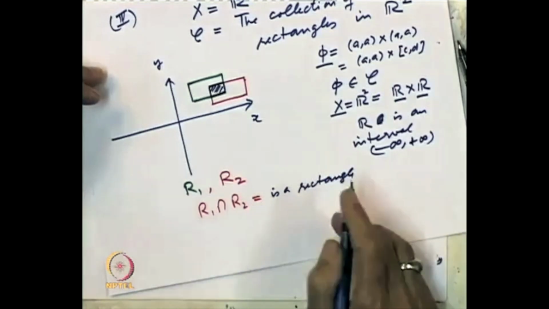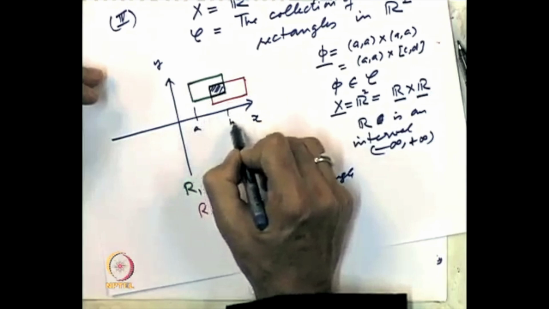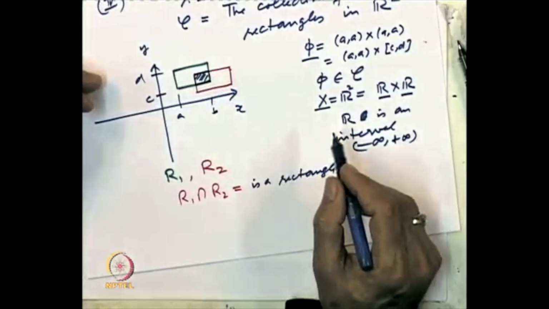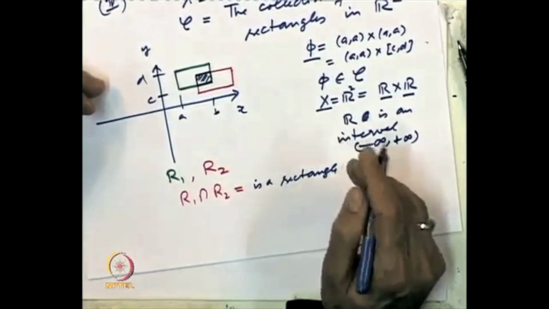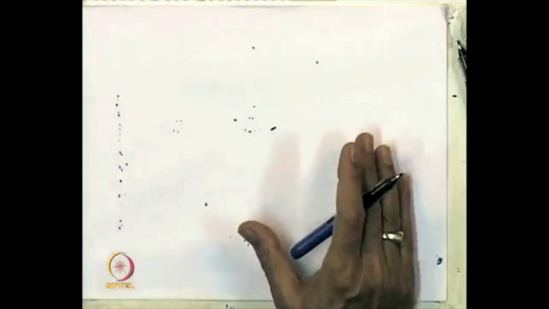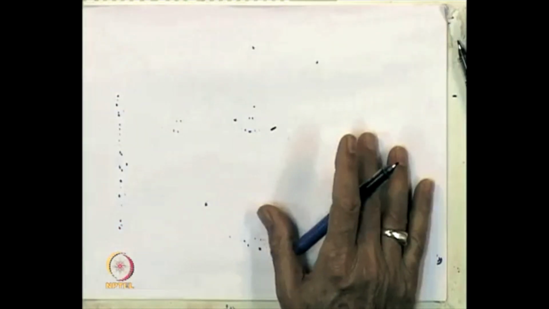One can write down a formal proof by writing this to be equal to A, B, C and D and so on, but that is not necessary once we understand from the picture that intersection of two rectangles is again a rectangle. Of course, let us verify the third property, namely, can I represent the complement of a rectangle as a finite disjoint union of rectangles?